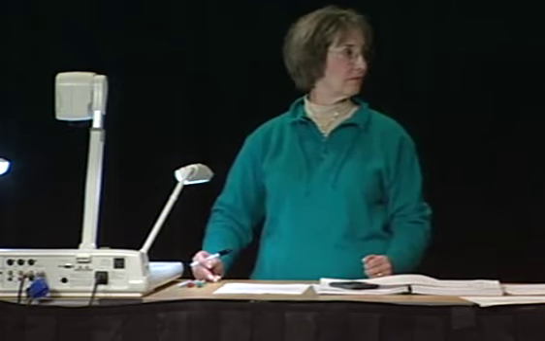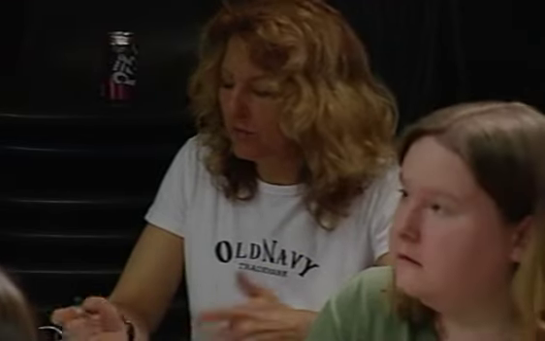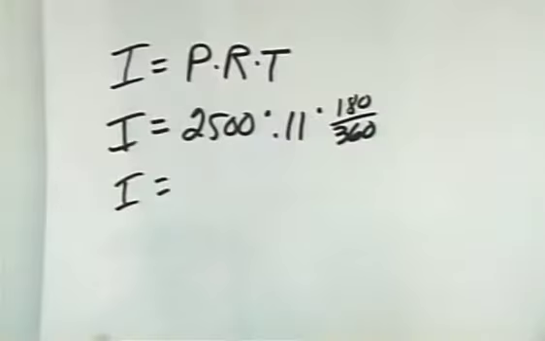This is when we, Christine, is this one we're going to multiply in or divide in? I multiplied it. I divided the 180 by 360. That's exactly right. No, I meant, are we multiplying by 100 and by 360, or are we dividing? We divided. We divided, right. Okay, so how much interest is there going to be on this? 137.50.